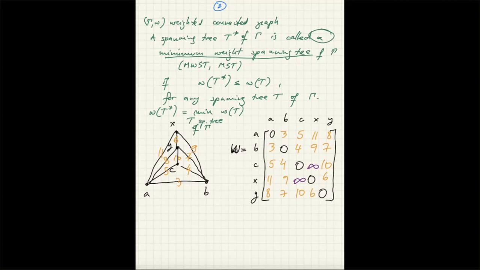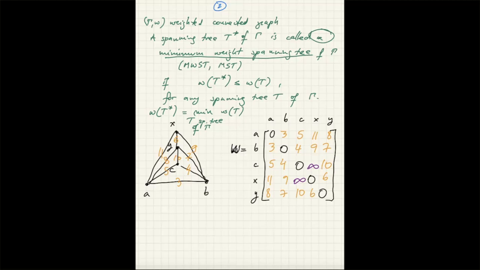Okay. So this is the weight matrix, and again the problem is how to pick. In this case we have 5 vertices, so we want a spanning tree. So we want to pick 4 edges that form a tree, and together they have the minimum weight.